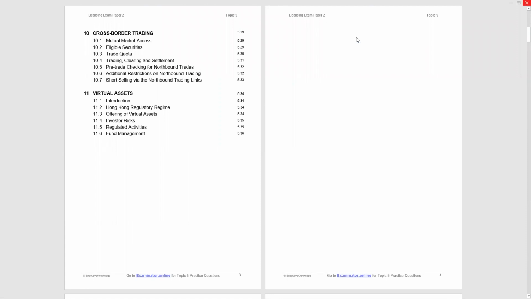That is the Shanghai and Shenzhen Stock Connects. And I'll pick out the points that have been examined in the past. And then a new, or a relatively new, section on virtual assets, yet to be examined, but let's have a look at the main points that we should consider.